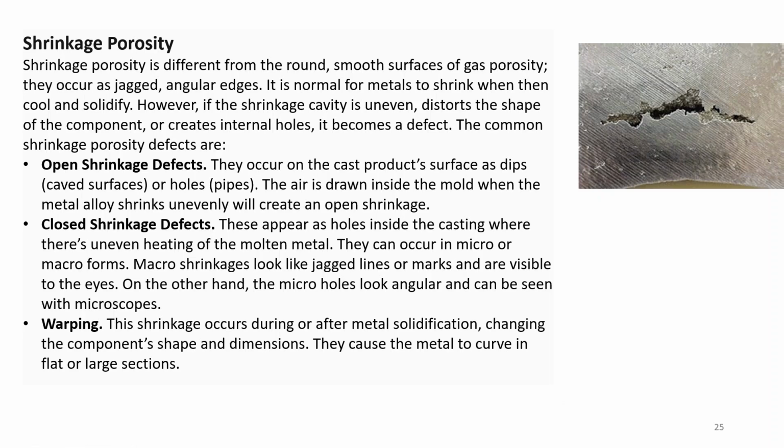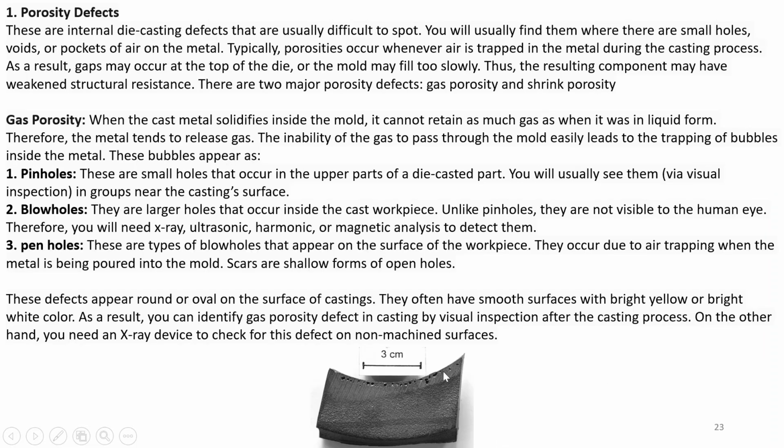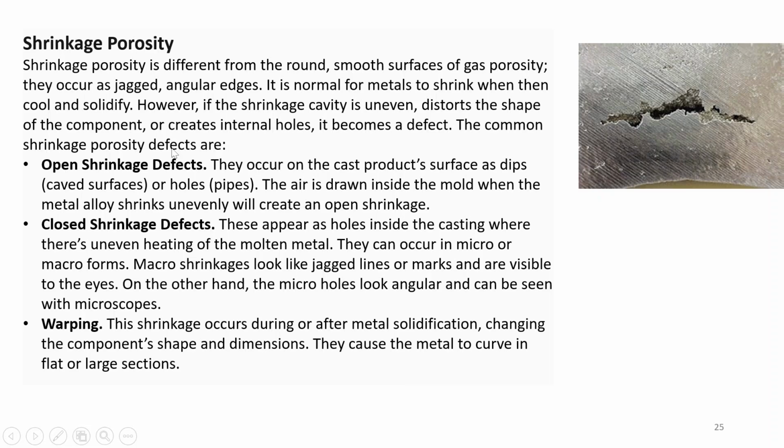Next, you have shrinkage porosity. As I told earlier, shrinkage porosity will look in irregular shapes compared to the circular or oval shapes in case of gas porosity. Shrinkage porosity is different from the round smooth surfaces of gas porosity, and these occur as jagged angular edges.